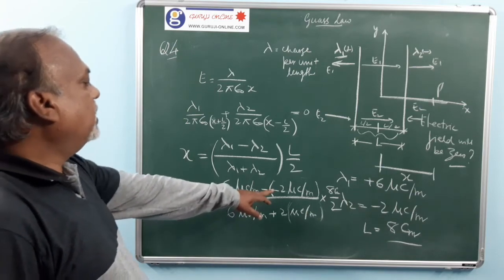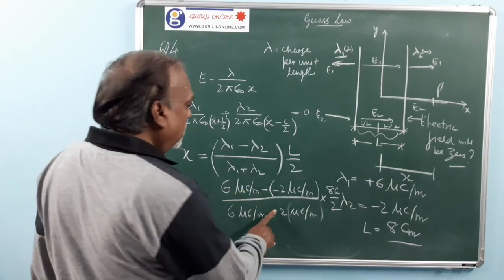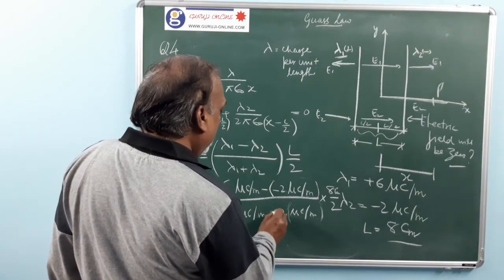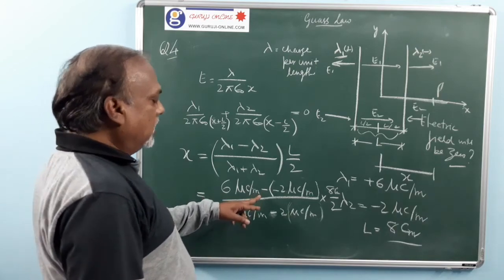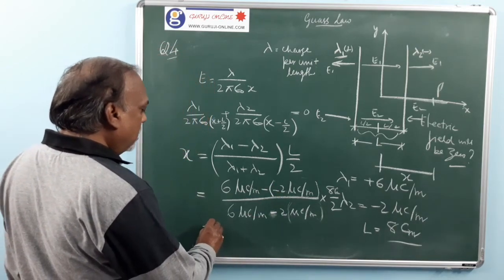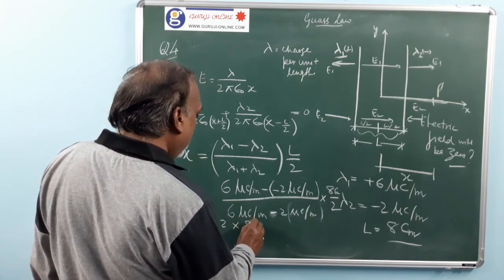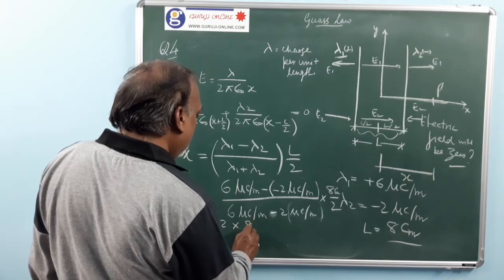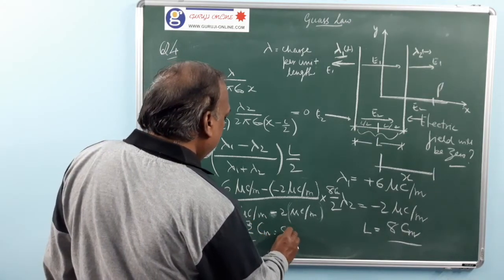Here, this will become minus, because if you put the correct signs, then this will be nothing but 2 into 8 by 2 centimeter, or 8 centimeter.